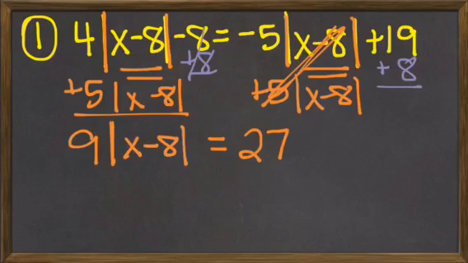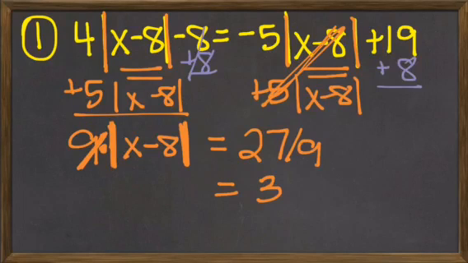Treating this absolute value like it's the variable by itself, meaning we want to get it by itself before we do anything. Well, I know I've got to get rid of this 9 times, so I'm going to divide by 9 to get rid of that, which makes this a 3 when I divide by 9. So I'm left with the absolute value of x minus 8 equals 3.